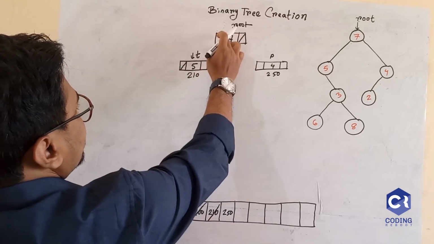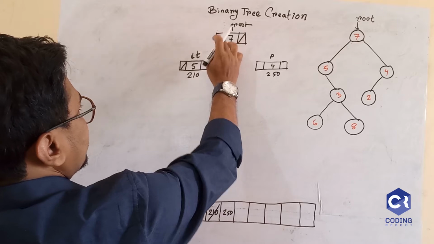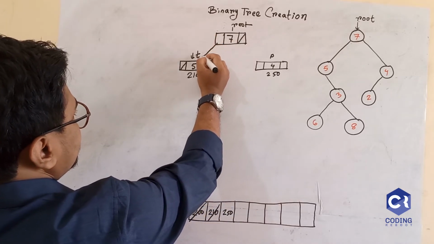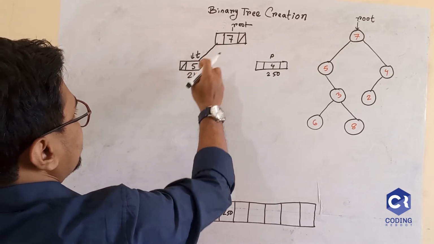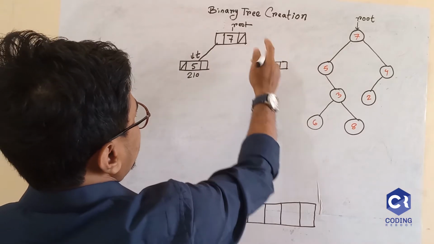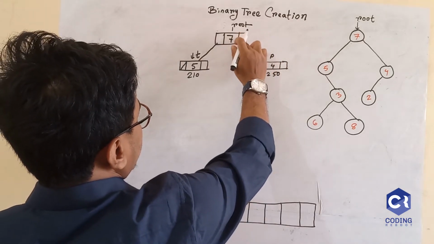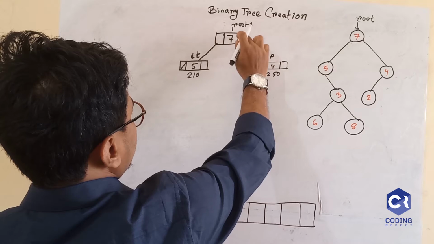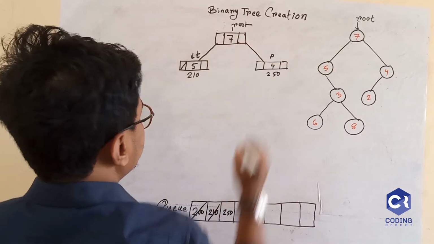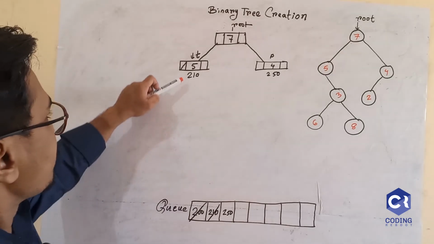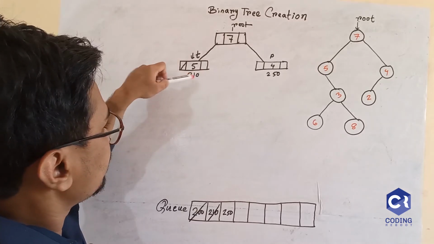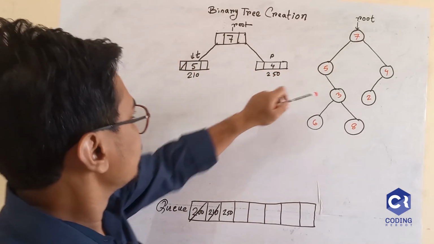And we are going to join them from the root node to 5, as 5 is the left child of 7, and 4 is the right child of 7. So 7's left child and right child are not null, so we are going to join them like this. There is no left child for 5, but there is a right child 3.